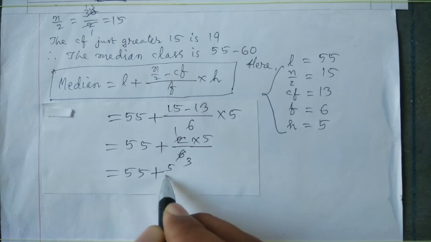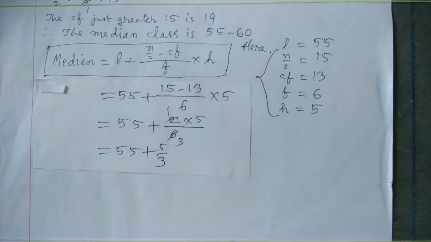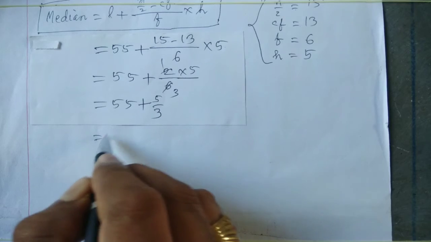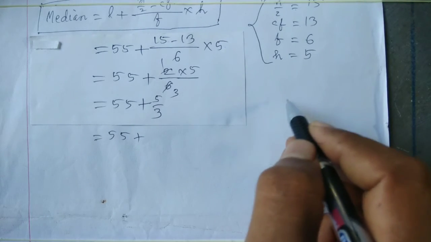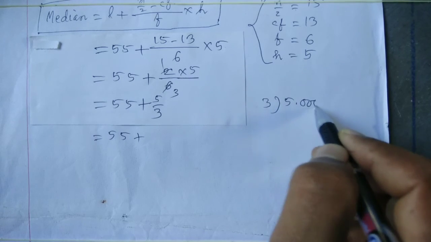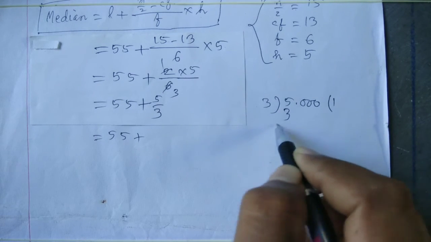So 5 by 3. Now we have to divide 5 by 3. 3 ones are 3.